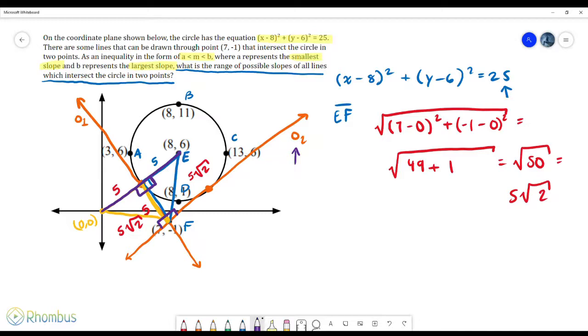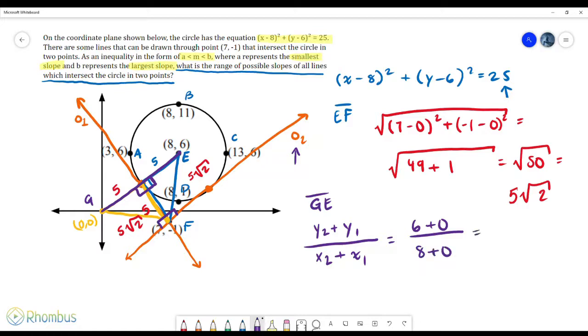So let's find the slope of GE. To do that, we take our formula, which is y2 minus y1 over x2 minus x1. Let's plug in our values, which gives us 6 minus 0 over 8 minus 0, and that turns into 6 over 8, which gives us 3/4.